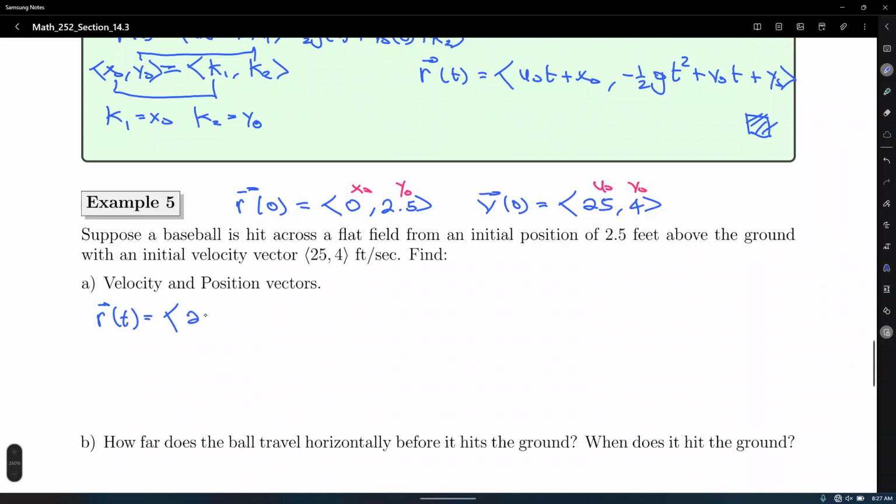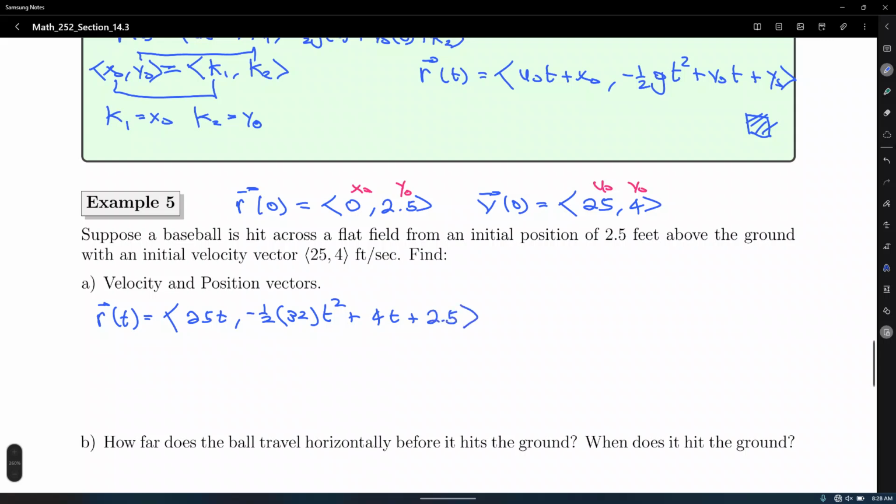So u naught is 25, so 25t plus x naught, which is just 0, comma, negative 1/2 g. What g should we use, 9.81 or 32? 32, because we're given feet. So 32 times t squared, plus v naught, which is 4t, plus y naught, which is 2.5.